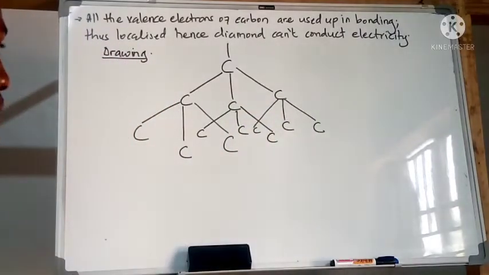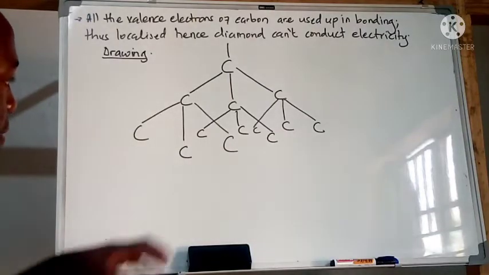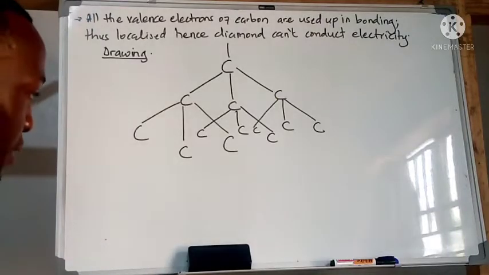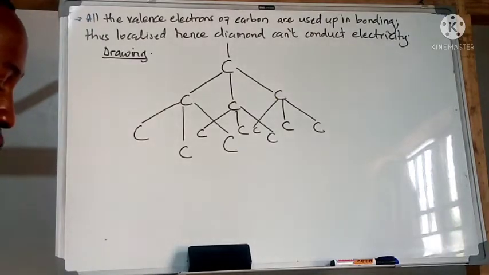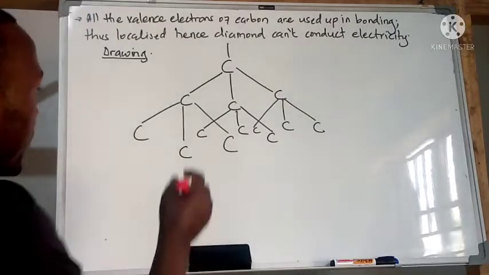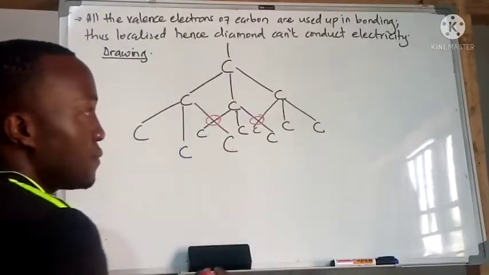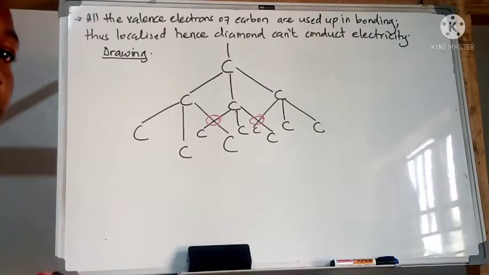That's why in some books you're going to find us trying to simplify the drawing concerning the structure of carbon in the simplest way possible. However, the points I would like us to identify are these points where the bonds interlock, which makes diamond a very hard substance.